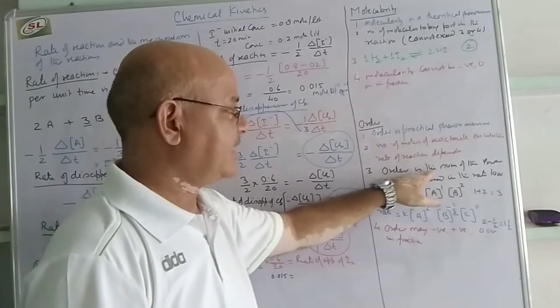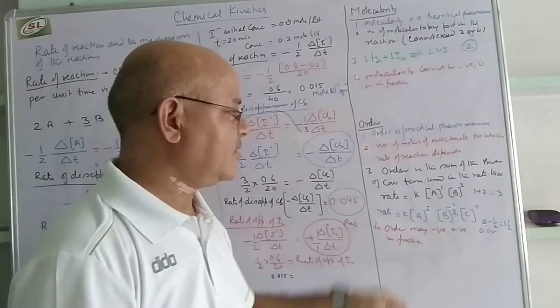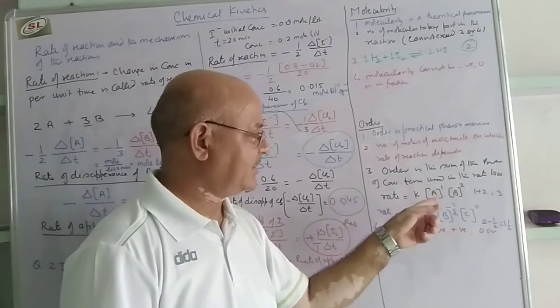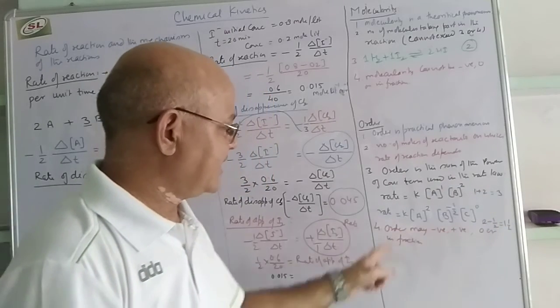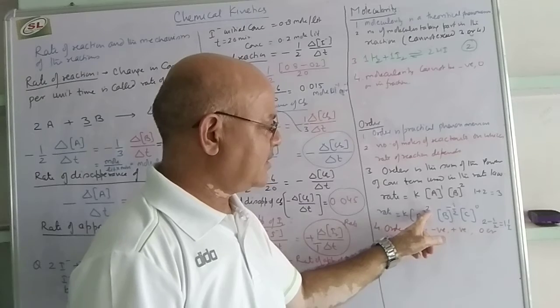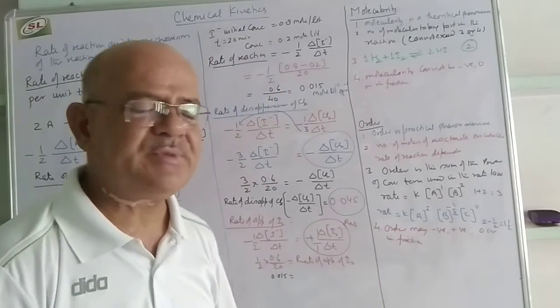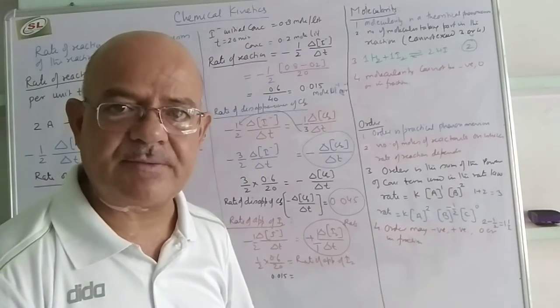Order is the sum of the powers of the concentration terms used in the rate law. Like in this equation, the powers are 1 and 2, so the order will be 3. In this equation you can see 2, minus half and 0. C to the power 0 means C is part of the reaction but the rate does not depend on it.